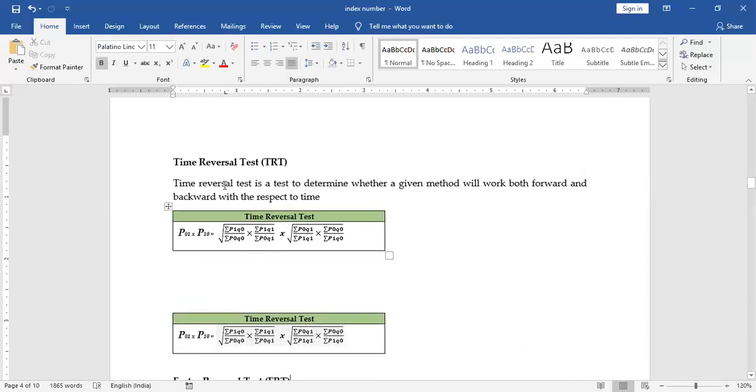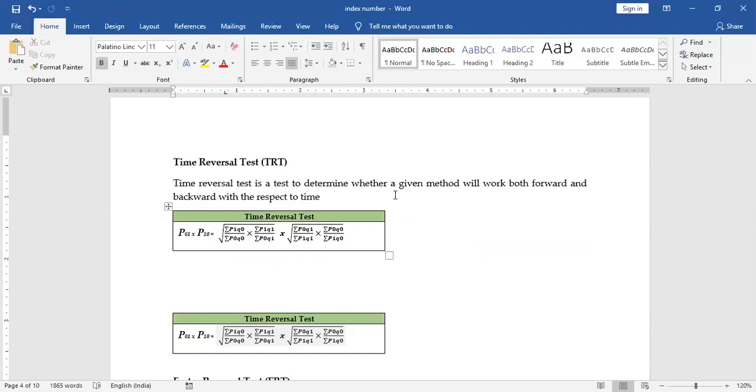First is the time reversal test. The time reversal test determines forward and backward times, what will be previous and what will be current. In the time reversal test, time changes.